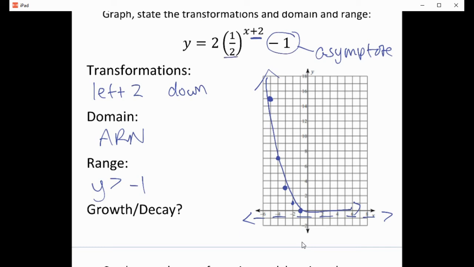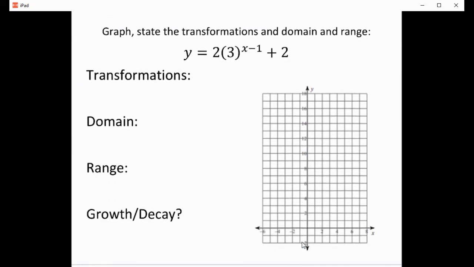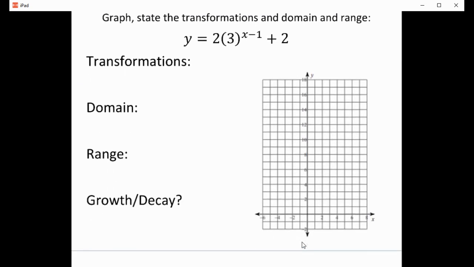Now since my b is less than 1, it is decay. That is still true, or you can look at your graph that it's going down from left to right. So that is how you graph with transformations and how you get all that information. So here's another one.